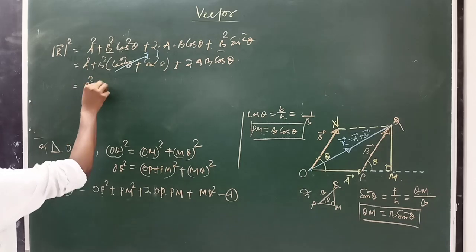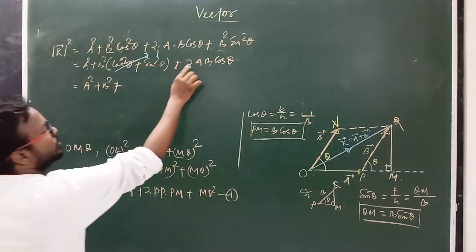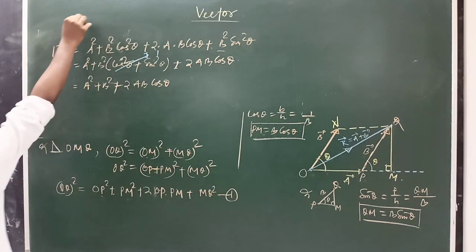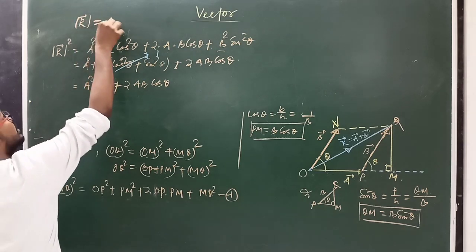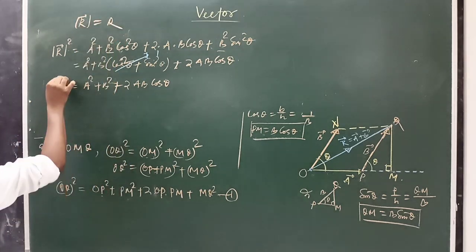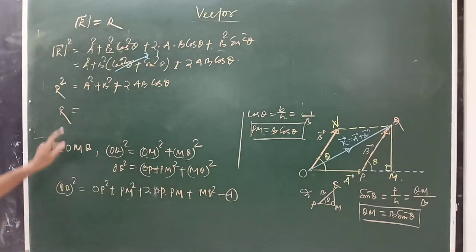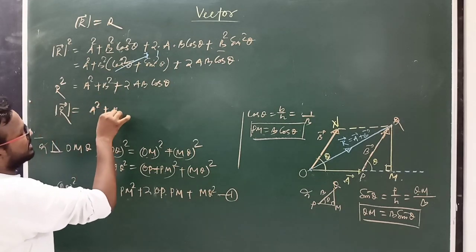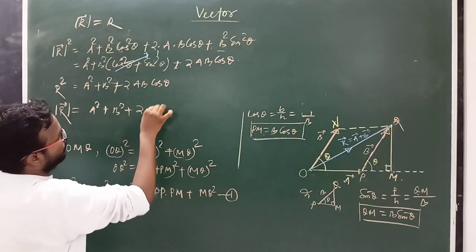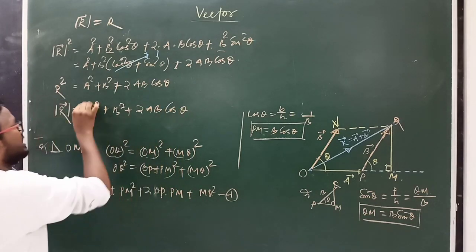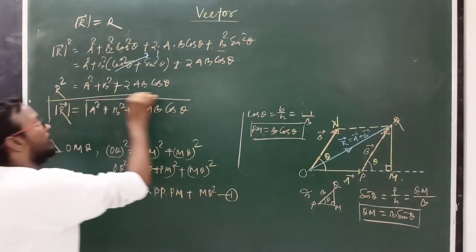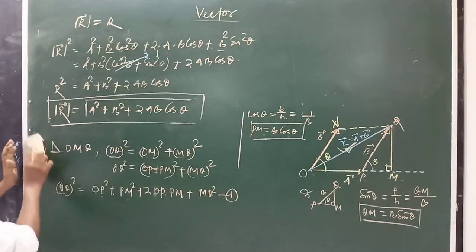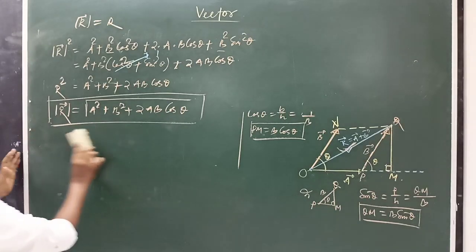Then the remaining part is A square plus B square plus 2AB cos theta, and here R square, because the magnitude of R vector is R. So the magnitude of the resultant vector R is the square root of A square plus B square plus 2AB cos theta. Clear? This is the resultant magnitude.